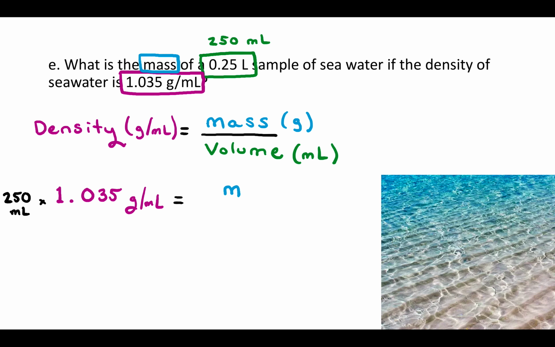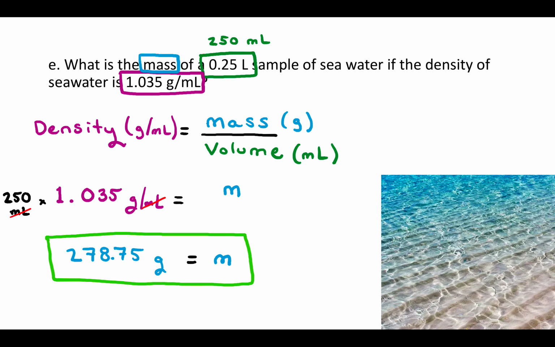And on the left, it's just going to be 250 times 1.035, and that would be 278.75 grams. Notice how the milliliters here cancel with the milliliters in the denominator of this fractional unit. So you're just left with grams. And we know that grams are the units that you use for mass anyway. So there you have it.